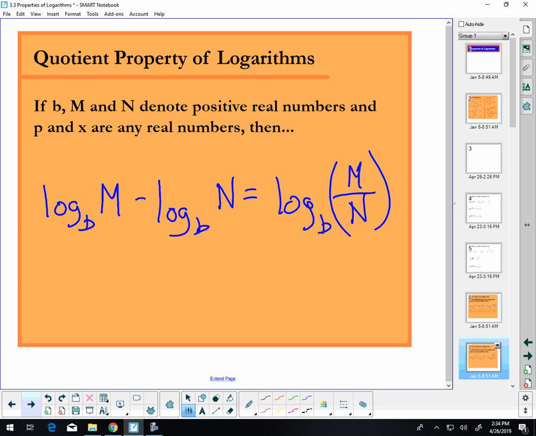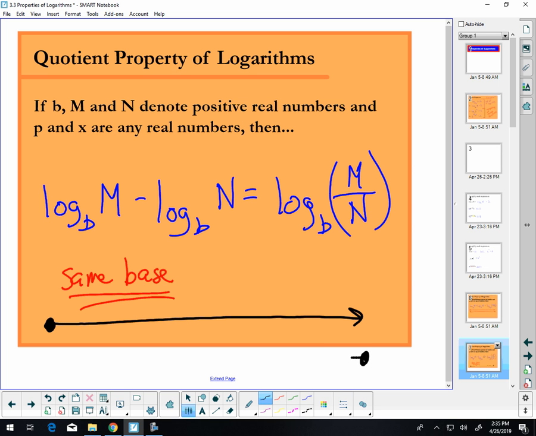So if I have 2 logarithms, same base, that's very important, they're being subtracted, I can condense that down to a single logarithm where I'm taking the quotient of those 2 separate inputs. Once again, like the previous property, I can take this from left to right or from right to left.